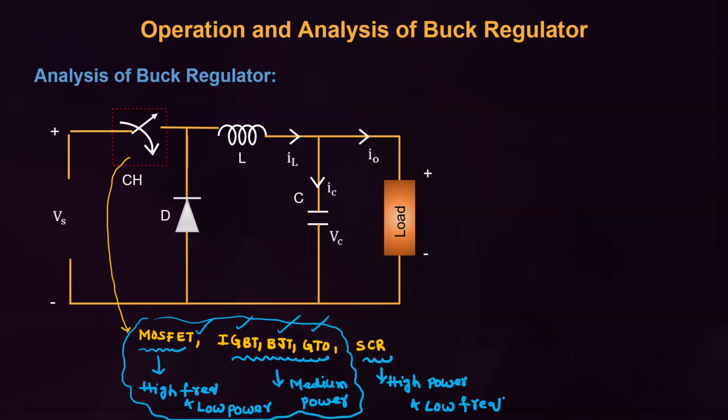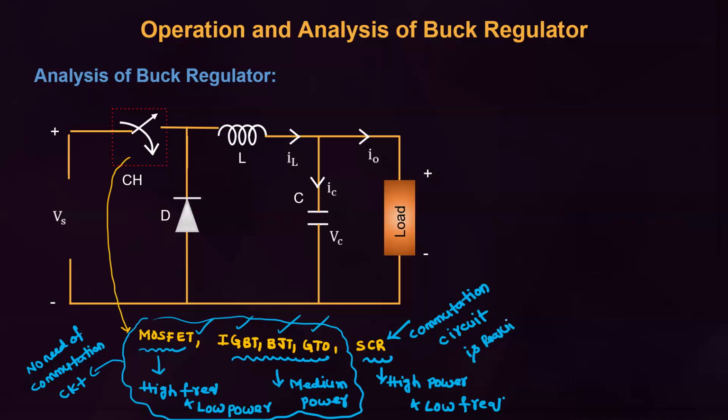That's why, if you use these devices, no need of commutation circuit, because by using the control signal itself, we can make them on and off. But if you use SCR, a commutation circuit is required, because it's a semi-controlled device. This is the only difference. Commutation circuit is required if you use SCR.